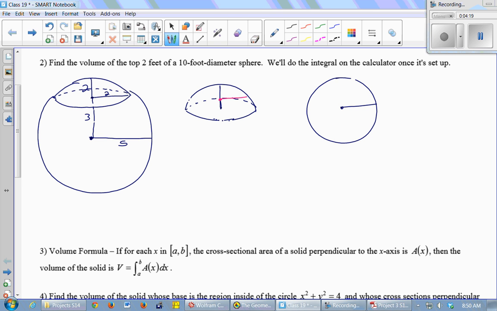And I know that this radius is 2. Radius of the base is 2. Let's call the distance from my random spot here to the top a height of h. Then what would the distance from this random spot I just picked to the base be?